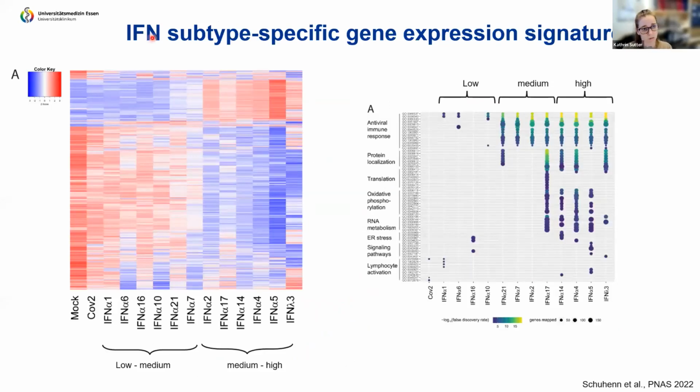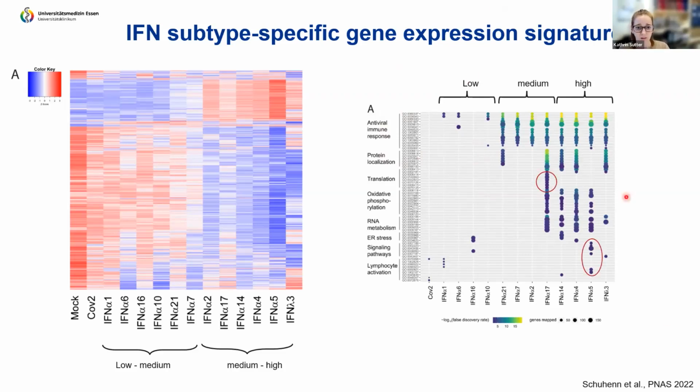We then looked at their gene transcription, and this was just a question we got before. We really wanted to figure out what is the difference there. Why do we see differences? Why is the one interferon working, the other one not? And these are here just genes, and we did some analysis where they just tell you these genes belong to antiviral immune response, these belong to translation, and so on.